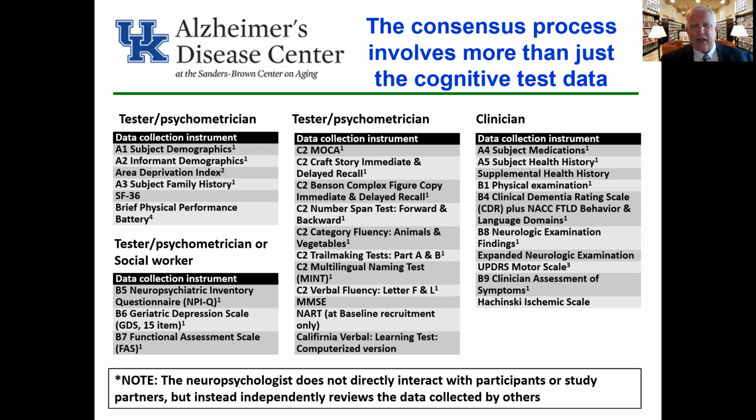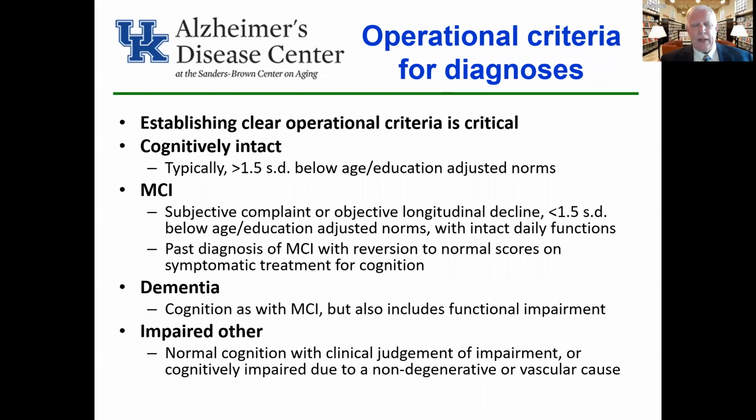And importantly, a clinician visits with each of our participants to review their health history and their medications, perform a physical examination, a CDR, a clinical dementia rating scale score, and a neurologic exam, including assessment of Parkinsonism through the UPDRS motor scale. Ultimately, all of these components come together in the consensus process.